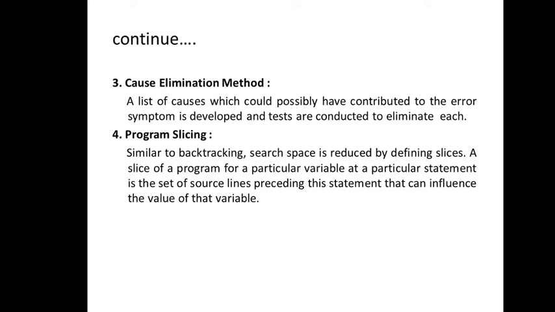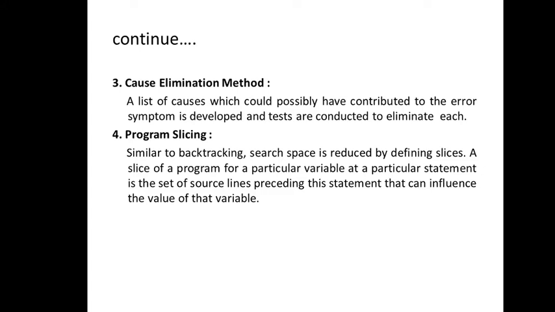For example, say variable A has the error. So I will start backtracking, but only those lines which are influenced by variable A, right? I'm not going to traverse the lines where B variables or C variables are used. I will only backtrack those lines where the A variable is used, because the error is present in the A variable.